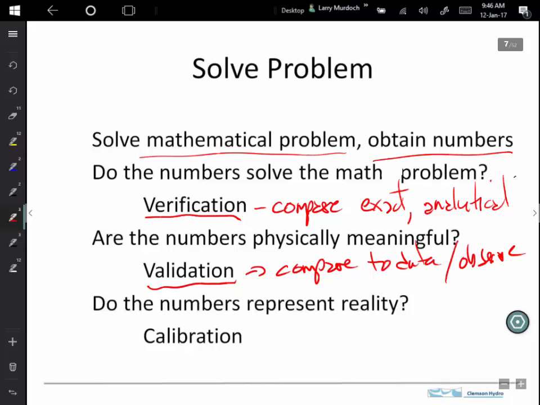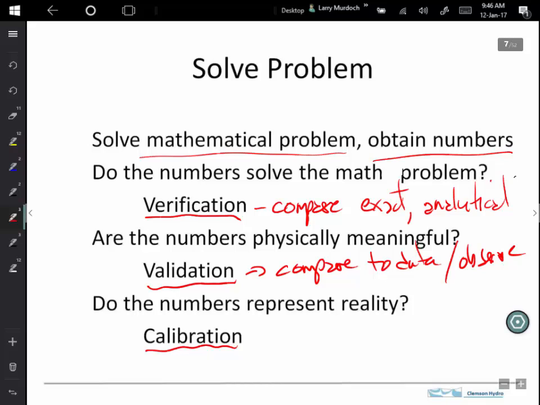Then do the numbers represent reality? What's going to be necessary there is to take the analysis, and typically what you'll do is adjust the parameters in the analysis so that you're matching some data.